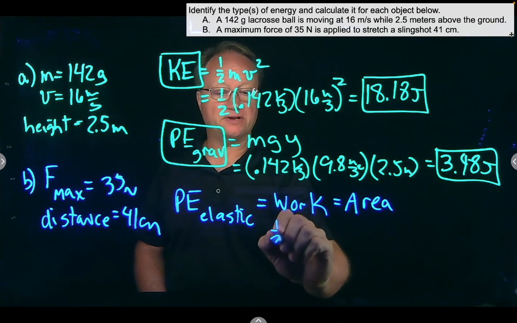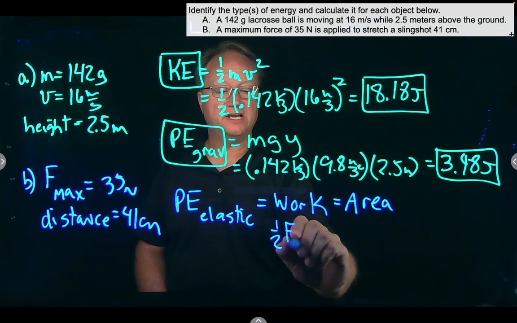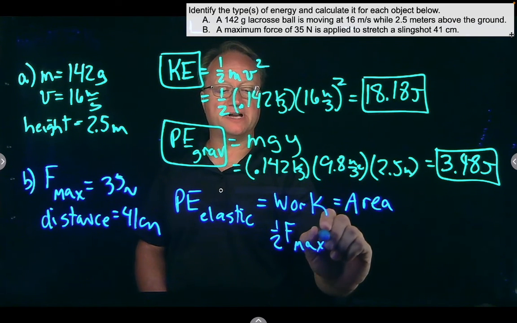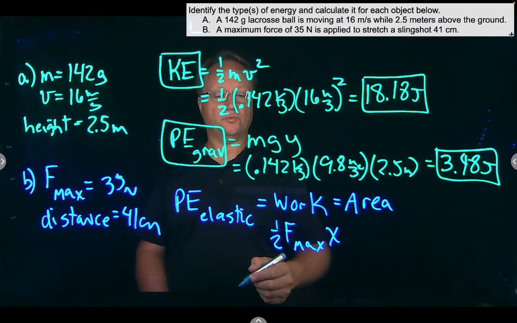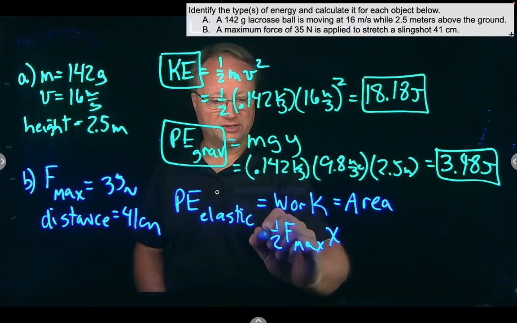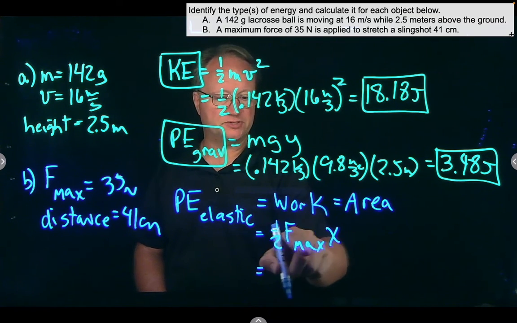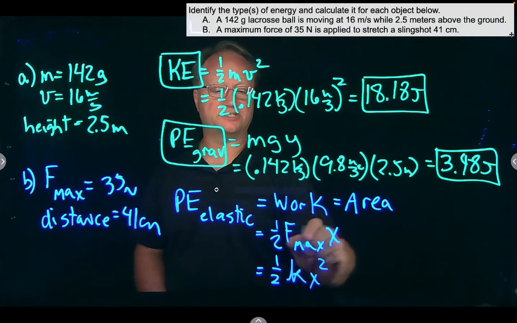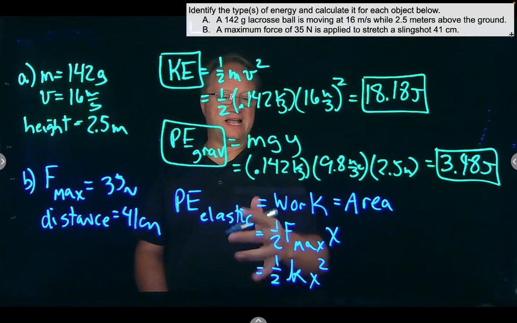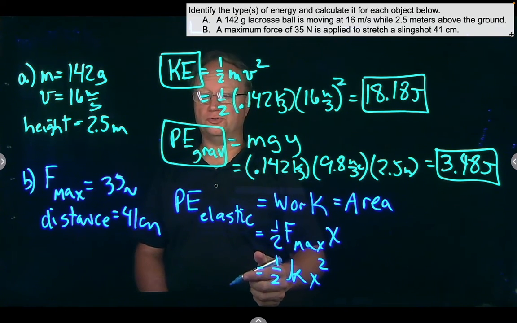So that would be 1/2 base times height, which would be 1/2 times the maximum force times the distance stretched. We also have the ability, with the substitution of Hooke's law, to use 1/2 kx squared. Any of these ways will give you those joules.